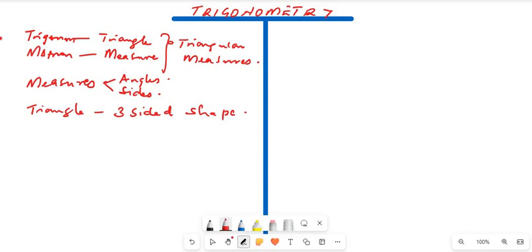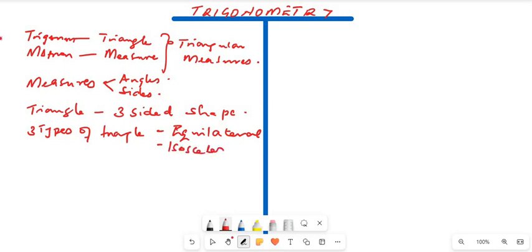There are basically three types of triangle, and these can be named as equilateral, isosceles triangle and scalene triangle. We are just reminding ourselves here.